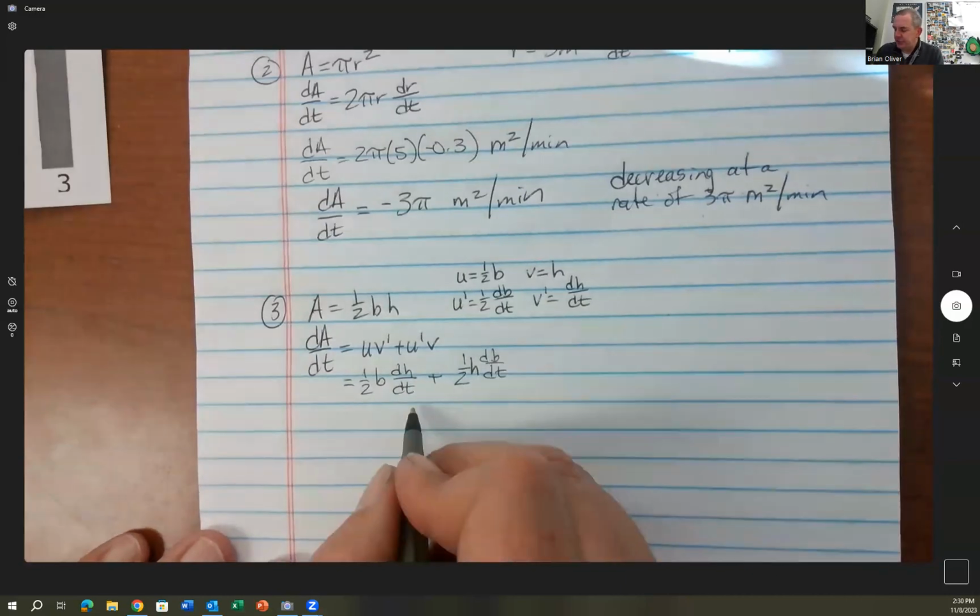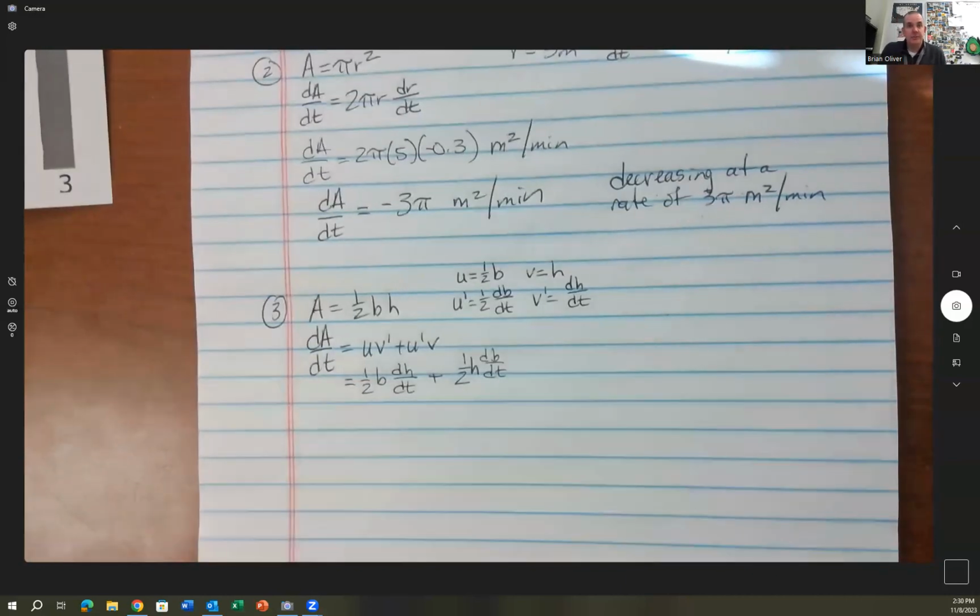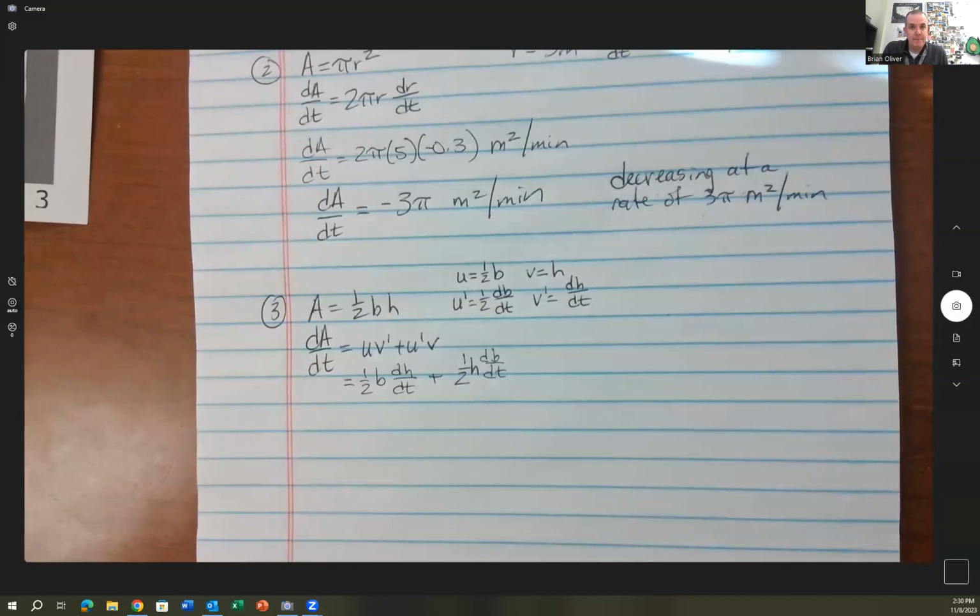And now what I'm going to do is substitute in the values. So hang on one second. I'm going to substitute in the values of db/dt and dh/dt. db/dt was -2, and dh/dt from the problem was +1.